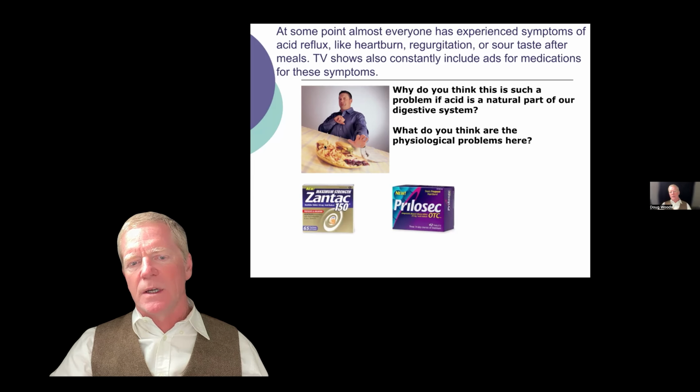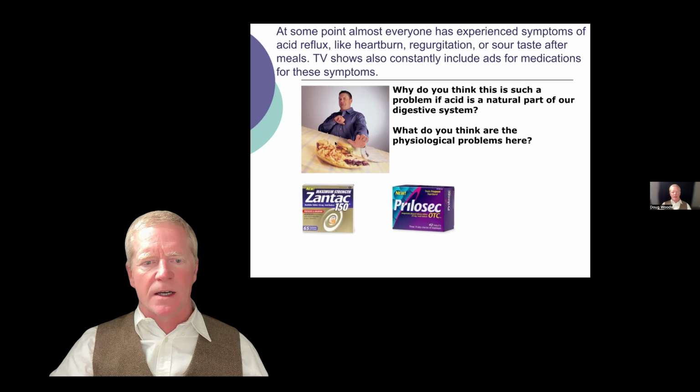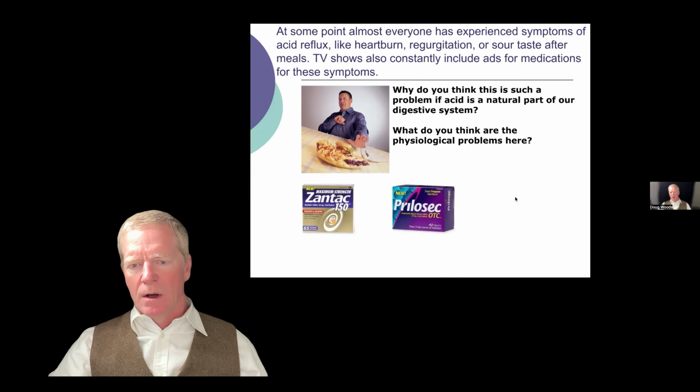Certain foods, particularly high-fat foods or high-starch foods, can trigger overproduction of stomach acid, and that overproduction can be reduced using pharmaceuticals like Prilosec or Zantac. Prilosec's active ingredient is omeprazole.